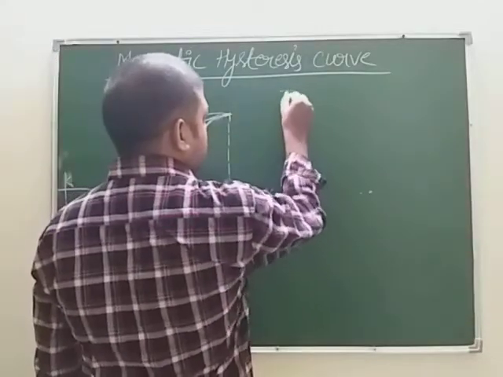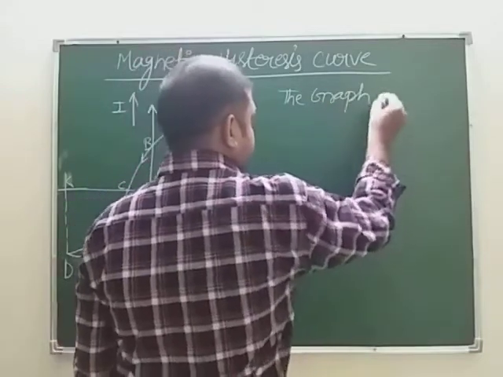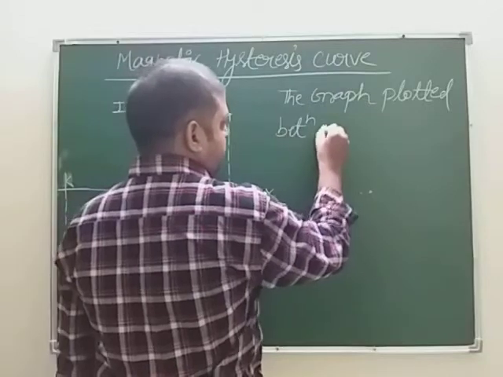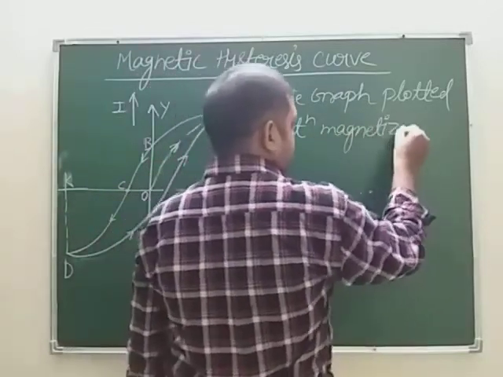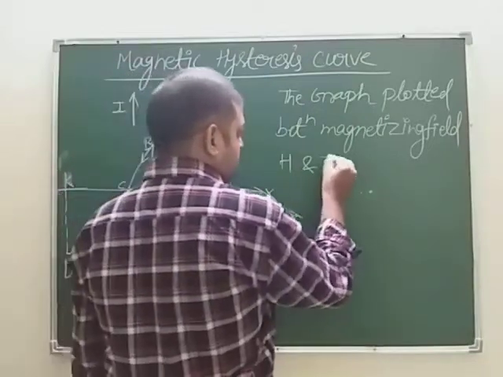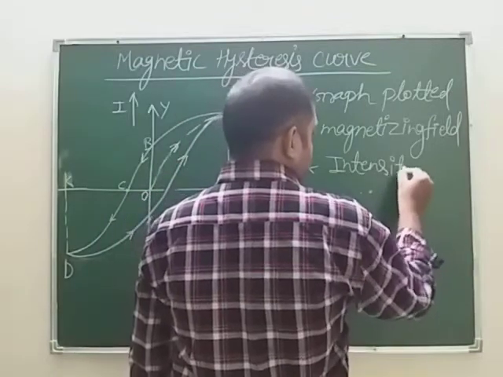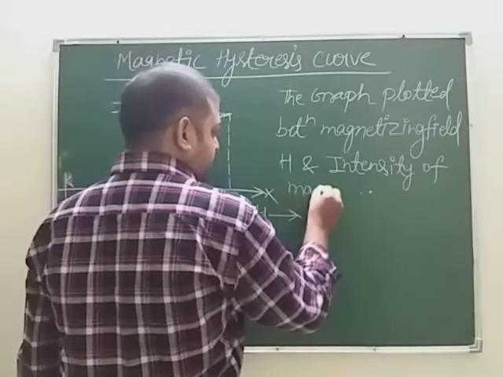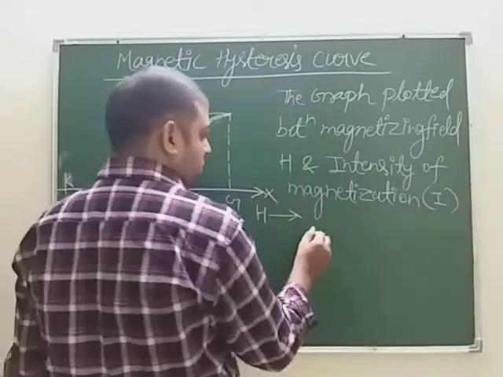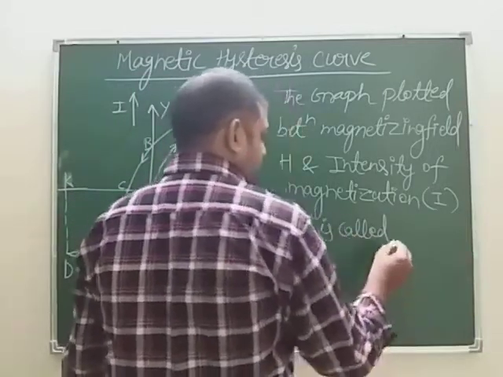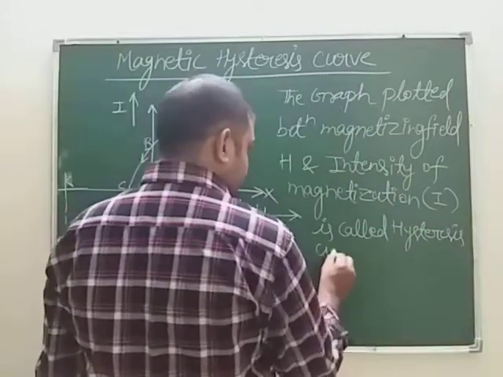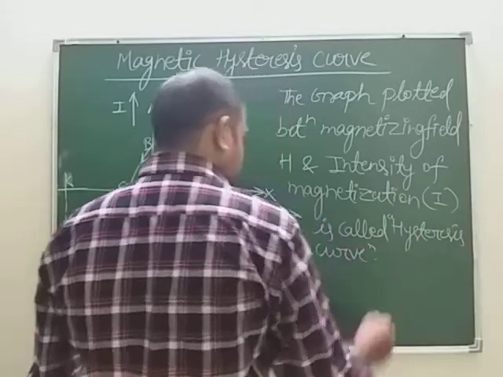So you can write down: the graph plotted between magnetizing field H and intensity of magnetization I is called the hysteresis curve.